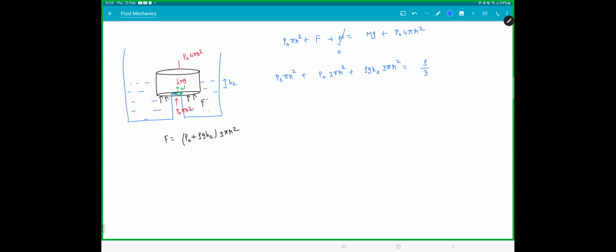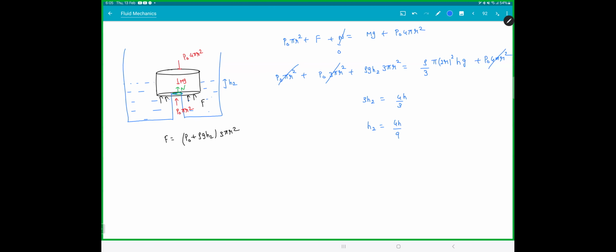Mg will be rho by 3 pi (2r) whole square hg plus P naught 4 pi r square. So this guy is gone, rho g r square is gone. This will be 3h2, this will be 4h by 3. h2 is equal to 4h by 9.